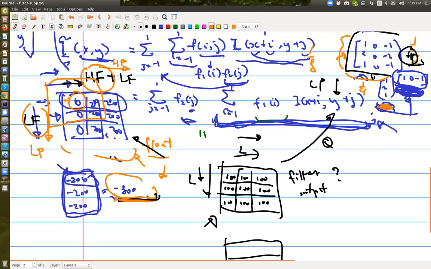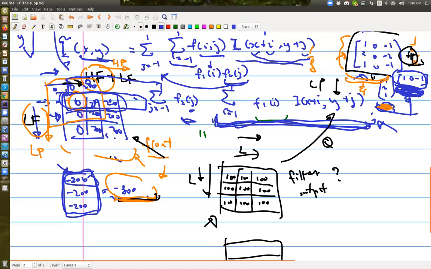If my patch has some values outside the image, then on the boundary the only thing I can do is pad 0 on the boundaries, or maybe I can reflect the boundary: I have the last row like this, then I just copy it into here.